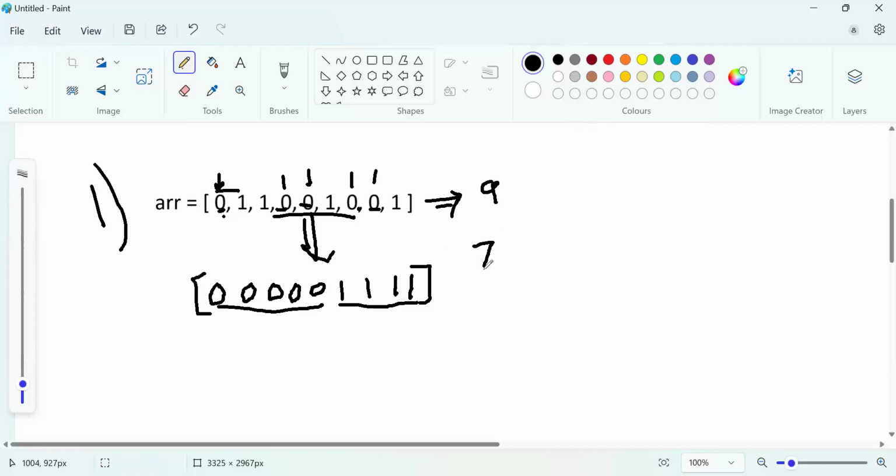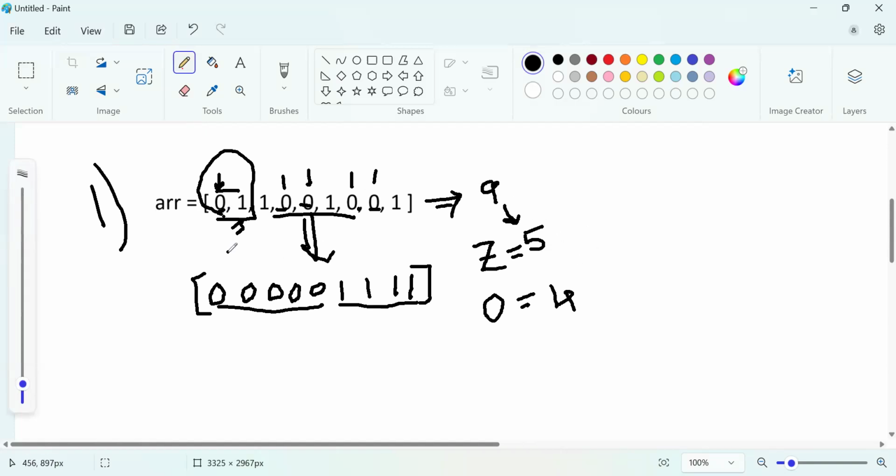We have 5 zeros. So what will the remaining values be? 9 minus 5 is 4. These 4 values are ones. This is the simplest approach to sort an array that only contains two kinds of values, zeros and ones.